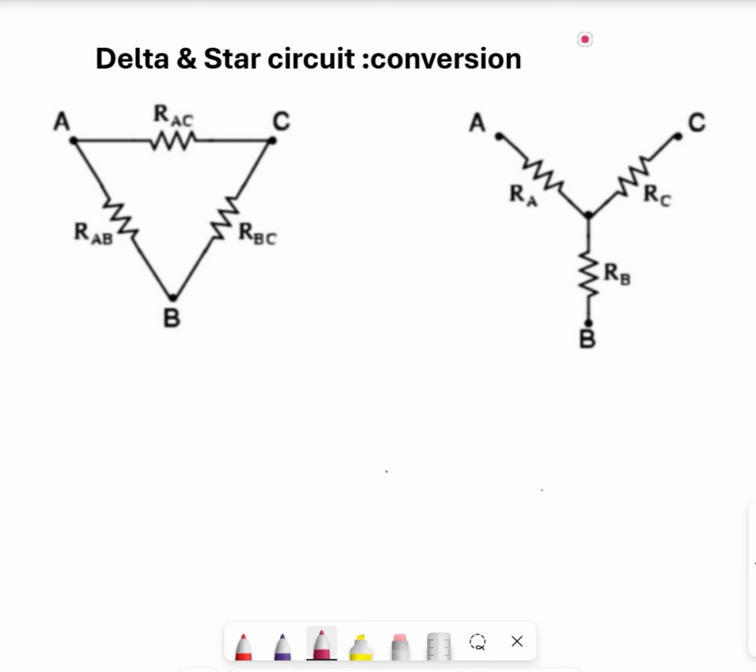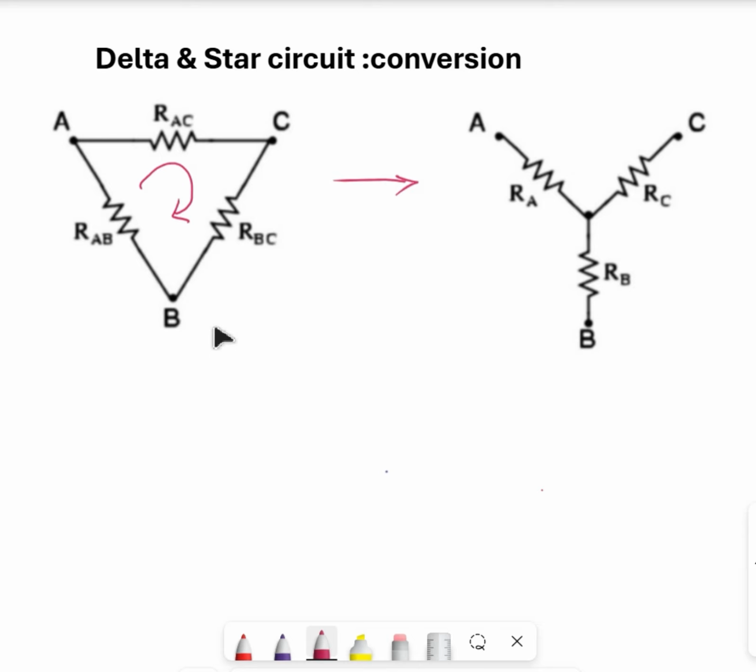We understand the delta connection because it has three resistors or three components, and it looks like a delta, and obviously there will be a loop inside the circuit, and we can't solve this problem because of this loop. Indeed, we have to convert to a star connection. We'll discuss more in detail in another video. Today's lecture, we convert delta to star or star to delta. Let's start from star to delta.